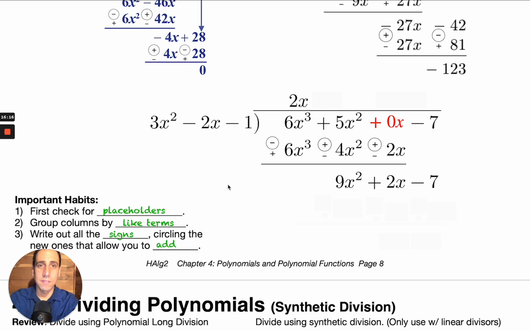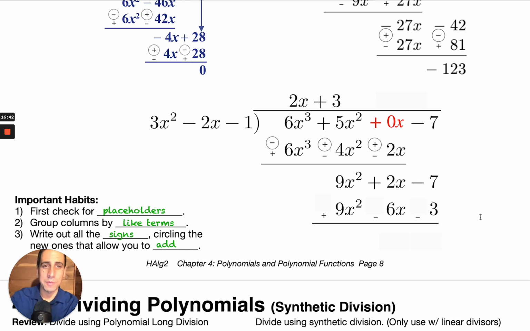Then you have to ask yourself, what is 9x squared divided by 3x squared? That's just 3, because 3 times 3x squared gives you 9x squared. And then 3 times minus 2x is going to give you minus 6x. 3 times minus 1 gives you minus 3. We need to subtract all of them.